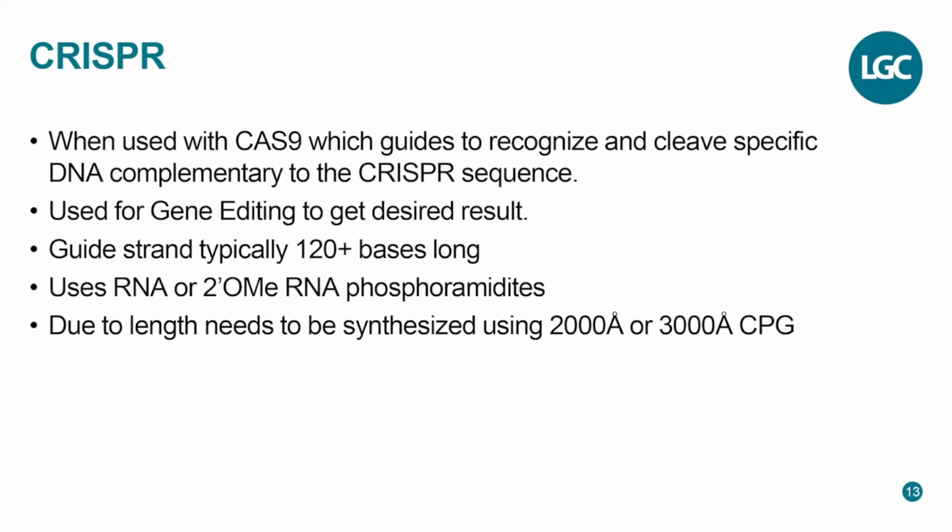And it also uses different RNA or 2'-methyl phosphoramidites. Due to the length of this particular strand, you would want to use 2000 or 3000 angstrom CPG, for example. So every technology we introduce has specific recommendations for what CPG to use, what angstrom, what reagents, and any additional tricks to the synthesis cycle, modifications, and how to make it.